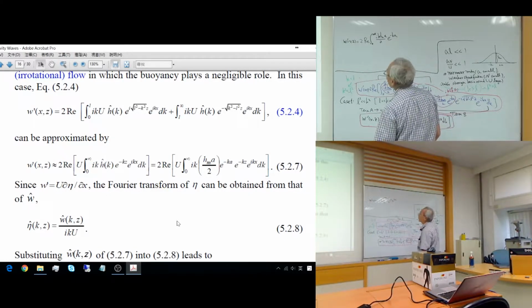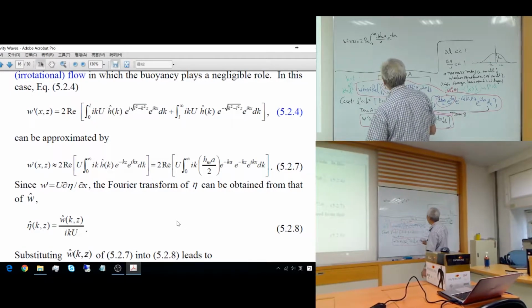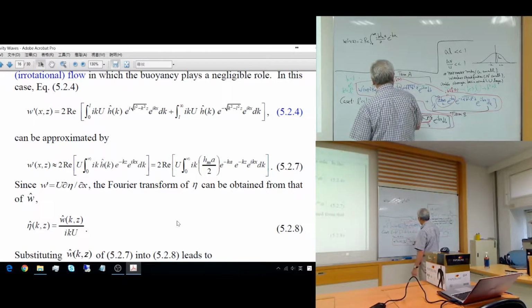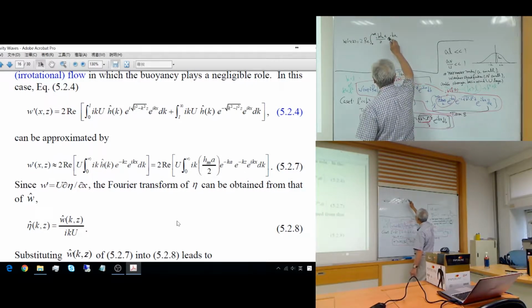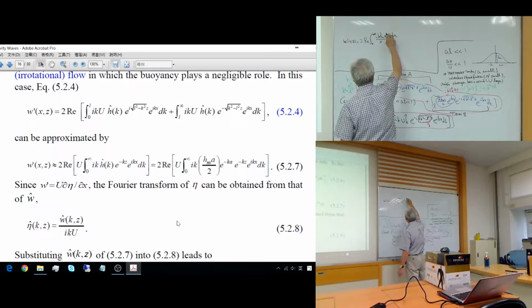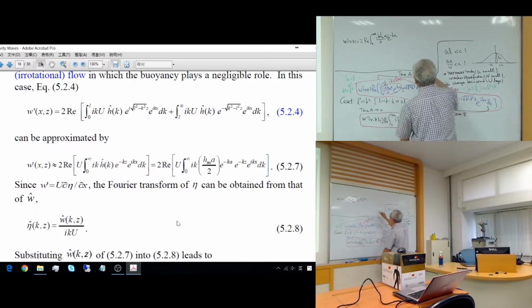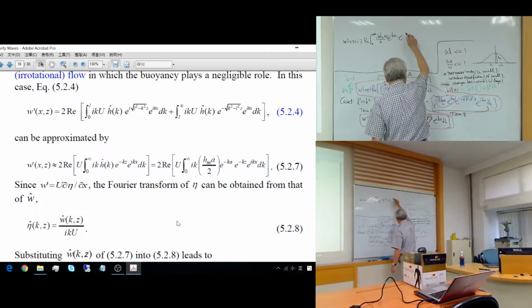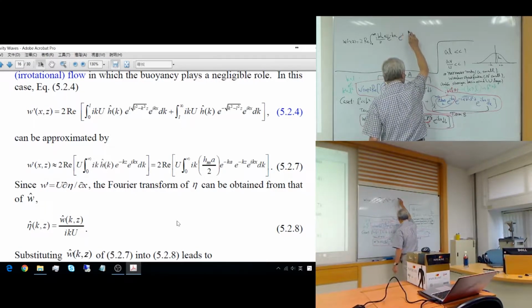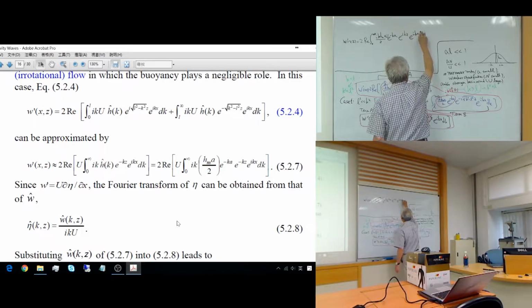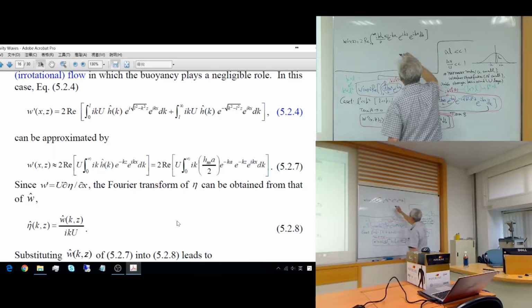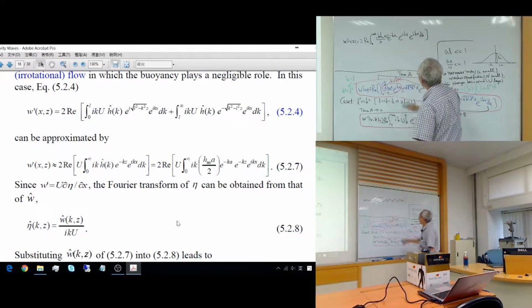I should have u there, I should have u hm a times u here. And then this one will become negative i times k times g, and then e to the ikx dk. Like this. Becomes simpler.